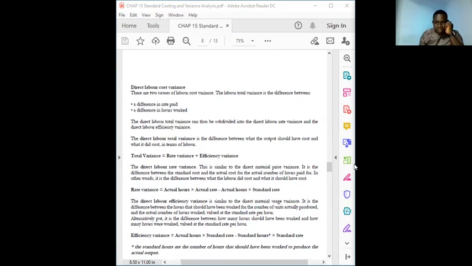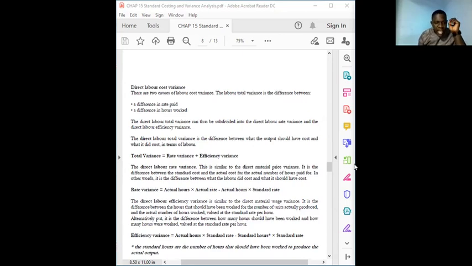So here we have standard rate in common, right? So efficiency variance becomes (actual hours minus standard hours) at the standard rate. Okay, good. So we're saying that it is similar to the direct material usage variance.